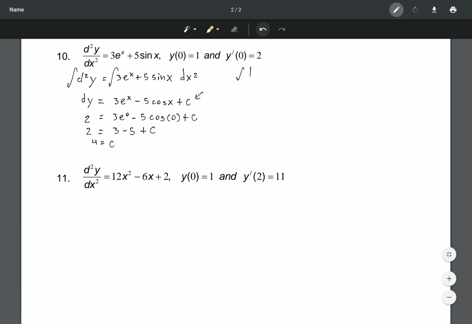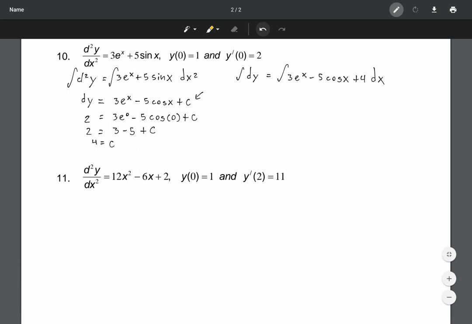Okay, so now we're going to do it all over again. We're going to take the antiderivative of this side, and we're going to take the antiderivative of this also. But instead of writing plus c, I'm going to write plus 4 dx. Okay.